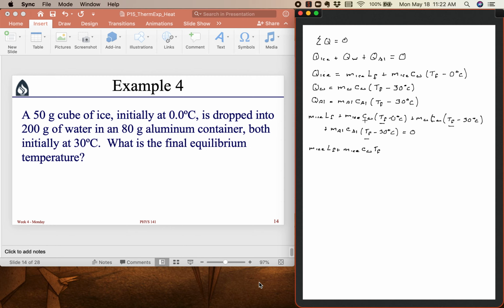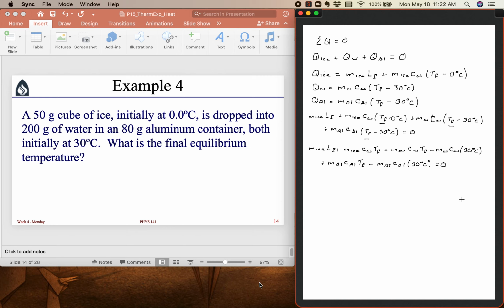And then if I multiply this times 0, well, that just gives me 0, so that term drops out, plus mass of the water, specific heat of water, T final, minus mass of the water, specific heat of the water times 30 degrees Celsius, plus mass of the aluminum, specific heat of aluminum, T final, minus mass of the aluminum, specific heat of the aluminum, times 30 degrees Celsius, and all of that sums to 0.